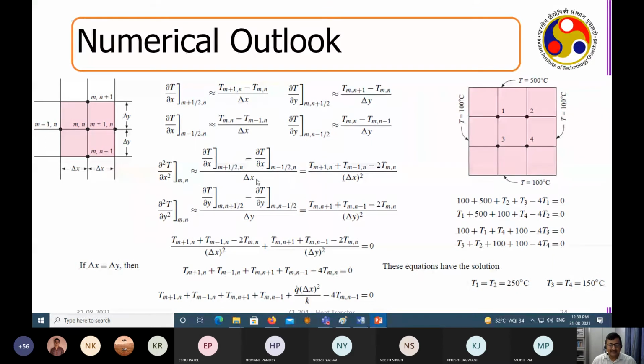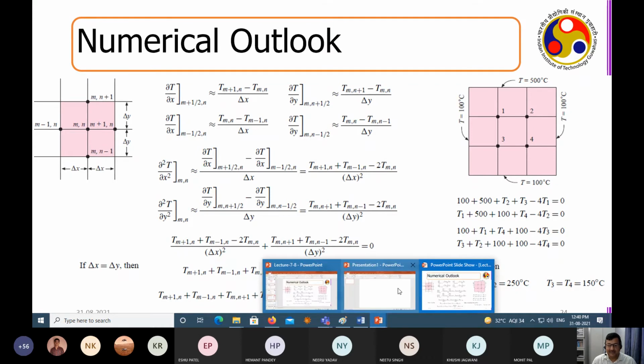I'm doing another derivative, right? Del x of del t by del x. So you get tm plus 1 n plus tm minus 1 n minus 2 tm n divided by delta x square. Same formula that we have obtained using the Taylor series expansion. So this is the del square t by del y square. This is the del square t by del x square.